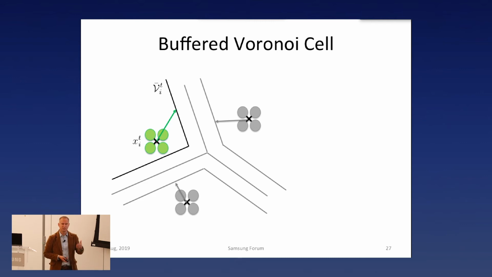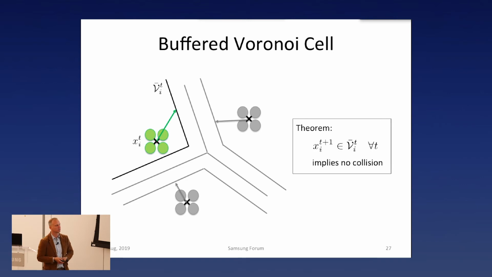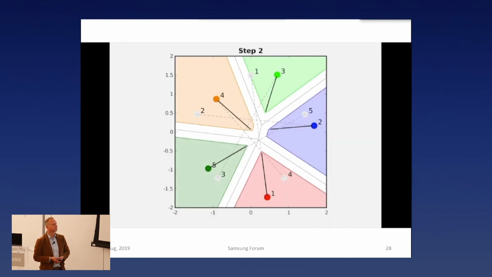And then you repeat, and that sets up the recursion for the proof of collision avoidance. So there's a mathematical proof of collision avoidance here. And it goes like this, right? If every robot at the next time step stays in its current Voronoi cell for all time, there's no collision. So it's actually a pretty simple principle, and that's what leads to this behavior.